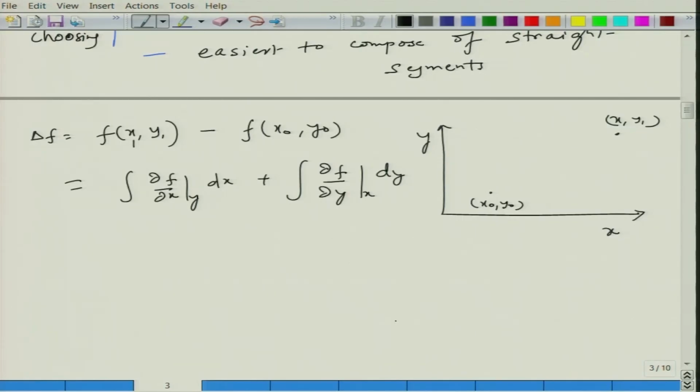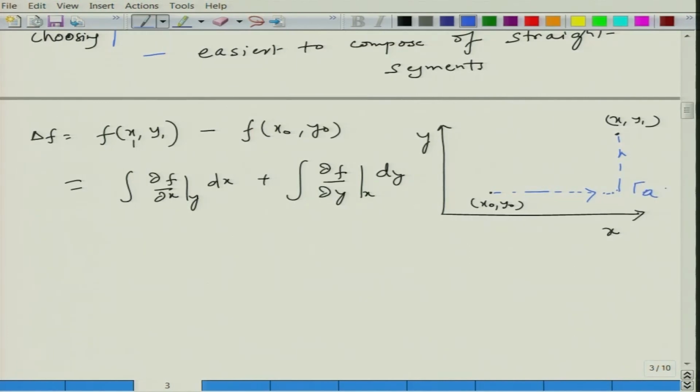So, as I said, the easiest gamma would be composed of straight segments. So, there are two possible ways to do that. One is, of course, I can go here keeping y0 constant, and then I take the vertical path, where I keep x1 constant. Okay. So, this is something which we are going to say is gamma A.